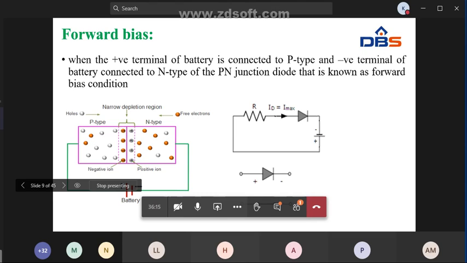The holes are moving to the n side and the electrons are moving to the p side, right? Due to this external battery, the diode starts conducting. If this junction breaks due to the external voltage, we can say that the diode is in conduction state. The diode is on, so the current flows through the diode.